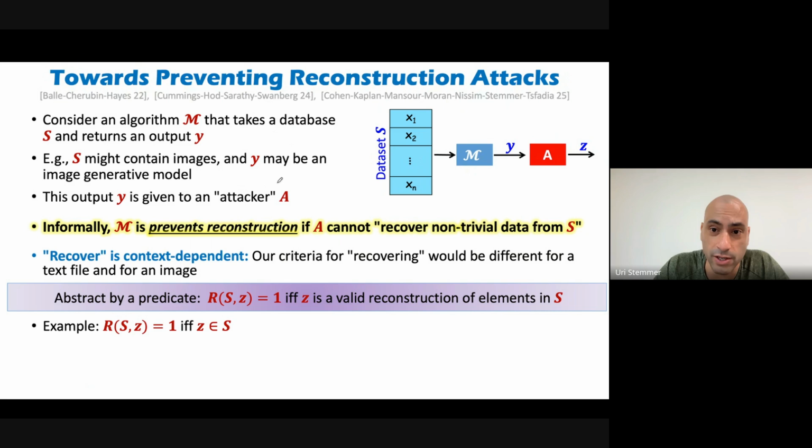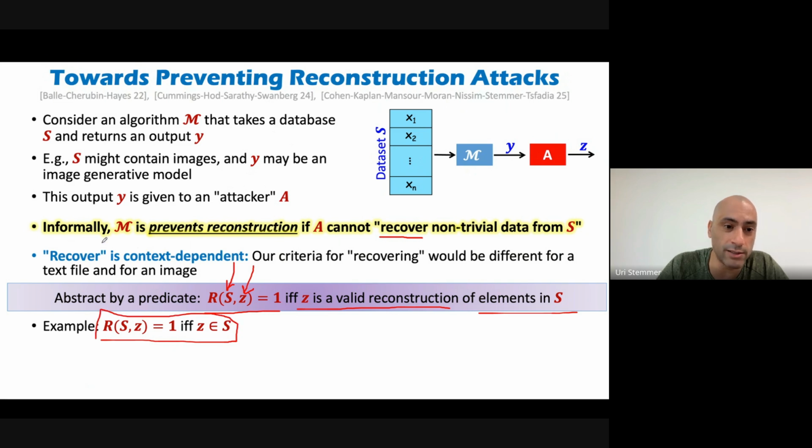Regarding the first question, what is recover, we are not going to answer this question, and like basically all prior works on this topic, we're going to abstract this away in the form of a relation R, such that R applied to the dataset S and to the candidate reconstruction Z tells us whether or not Z is a valid reconstruction of the dataset S. A simple example to keep in mind is simply the relation that evaluates to 1 if and only if Z belongs to S. In the paper, we consider other types of relations as well, but for this talk, that's a good example to keep in mind.